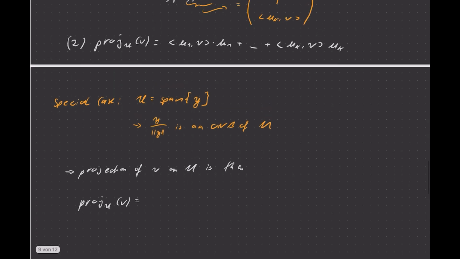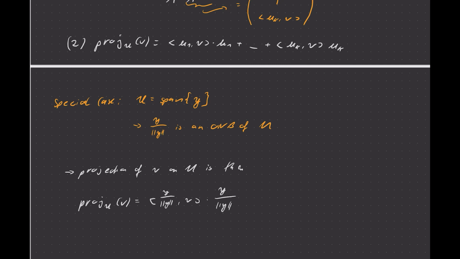If we look at this last formula here, we only have one of these summands. So what we have to do is just compute the scalar product of y over the norm of y and v, and then multiply this by y over the norm of y.